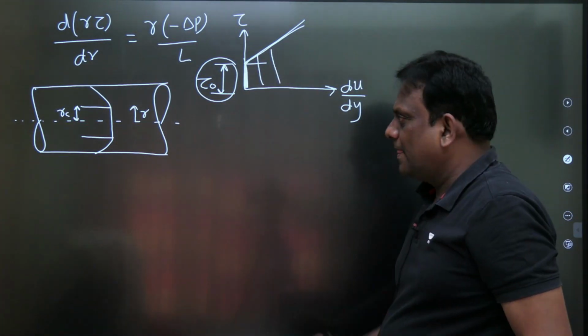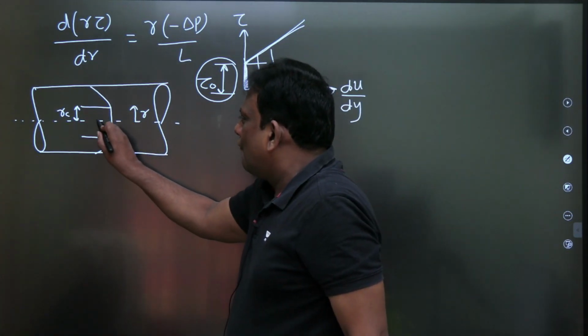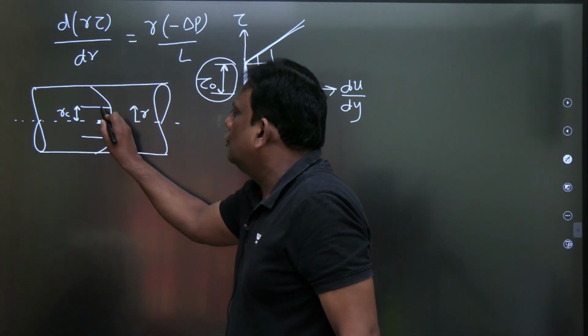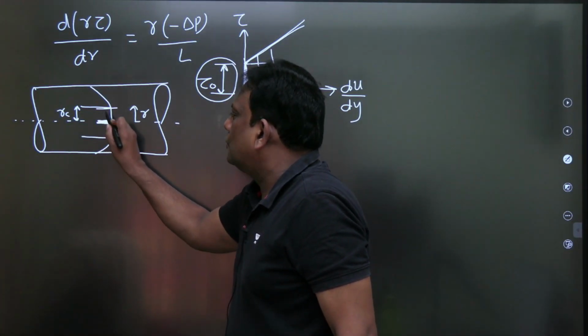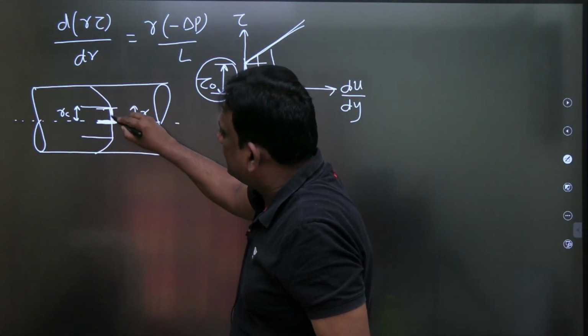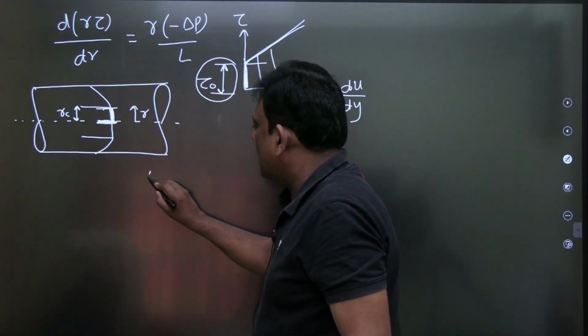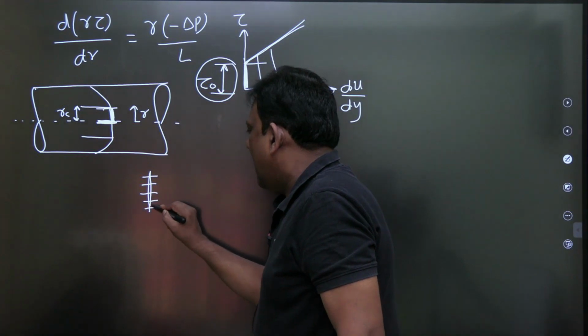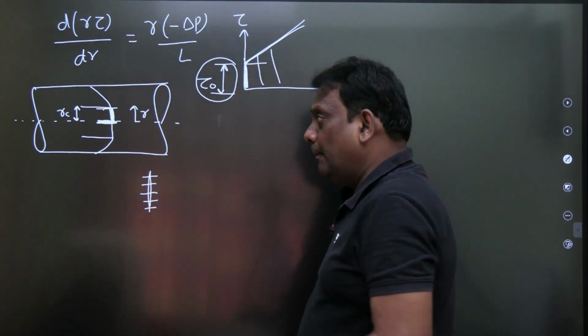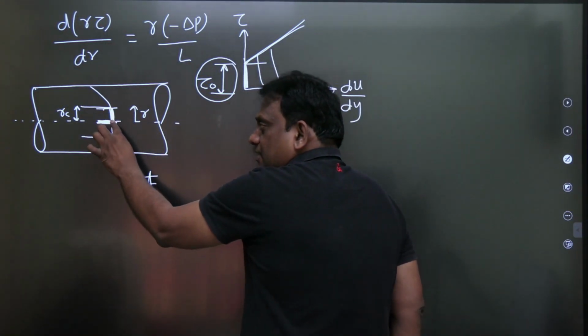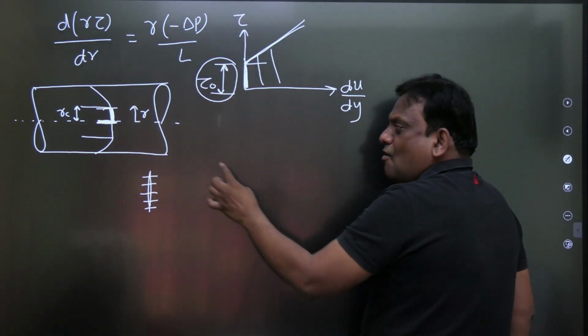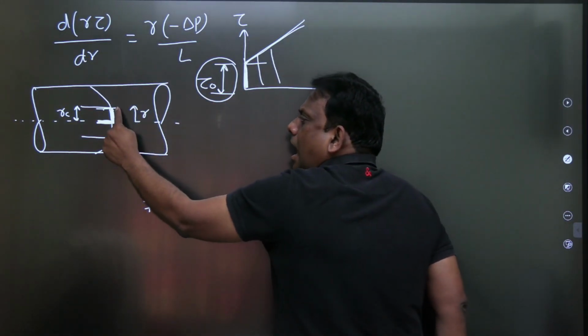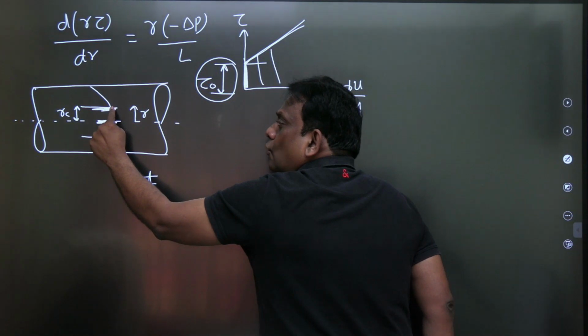And observe here. Dear students, from radius r to rc, what are the velocity gradients? It is absolutely flat. The velocity profile is flat, meaning everywhere the velocity is the same, so there are no velocity gradients. Up to rc, there are no velocity gradients.